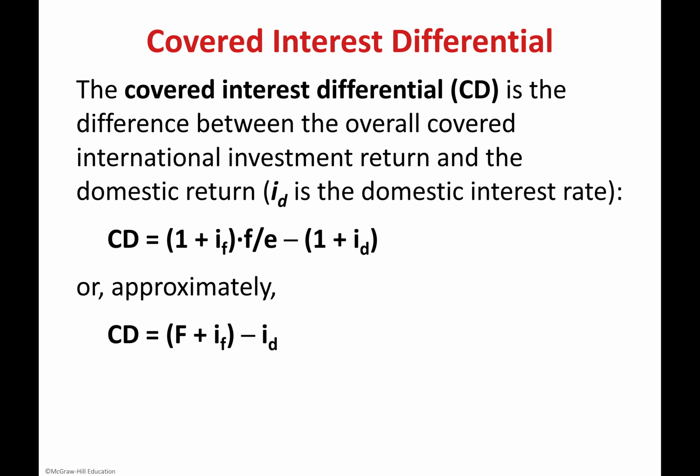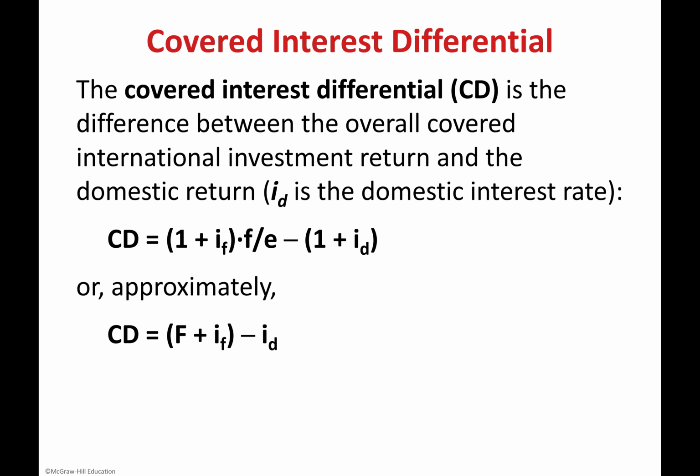Now, if you convert it into the foreign currency and you do this round trip, in other words, you convert into the foreign currency, you earn the interest, and then you convert back at the forward rate, then we've just said that the return is 1 plus i subscript F times the forward premium there, f over E. Or approximately, we can write it as cap F plus i_F minus i_D.